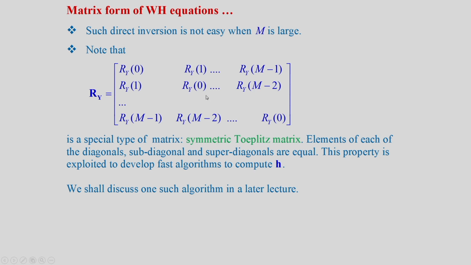Elements of each diagonal are the same, elements of each super diagonal are the same, and like that elements of each subdiagonal will also be the same. This is not only Toeplitz, but it is symmetric also. This one is R y of 1, here also R y of 1. So, that way this is a symmetric Toeplitz matrix, and this property is exploited to develop fast algorithms to compute h. We shall discuss one such algorithm in a later lecture.